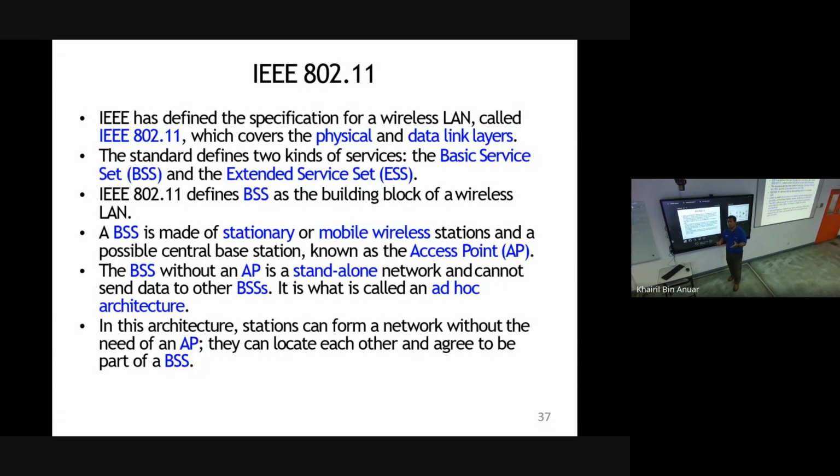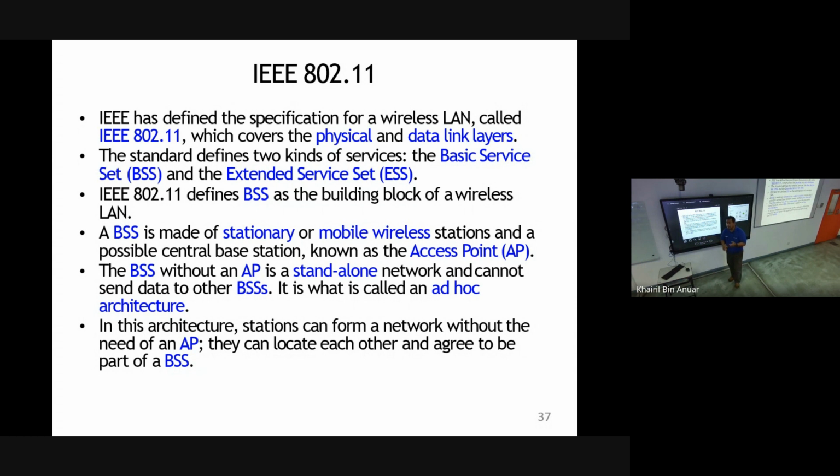Similar to the internet, in a star network you need a switch or hub, right? You need to connect point to point. Here the access point will connect your end user to the access point, point to point. So a BSS without an AP is a standalone network and cannot send data to other BSSs, and it is what is called an ad hoc architecture.